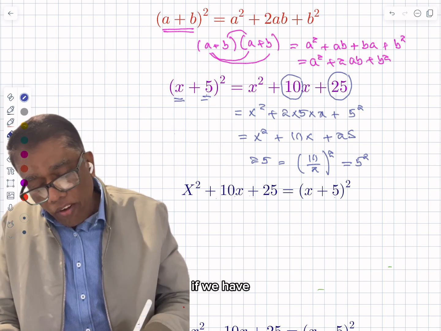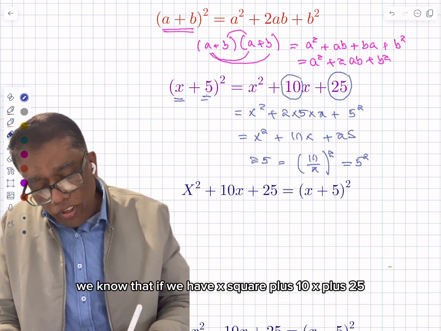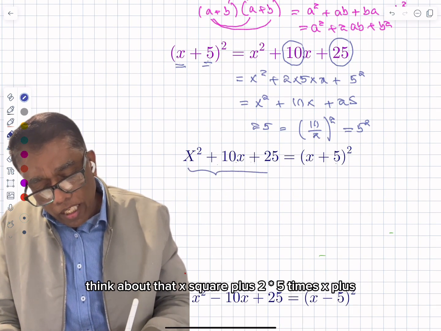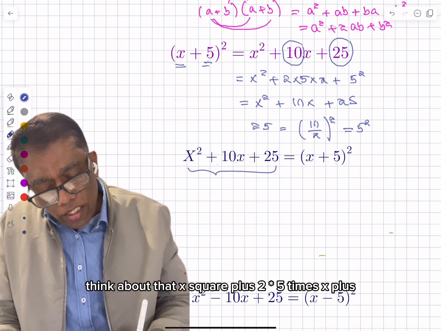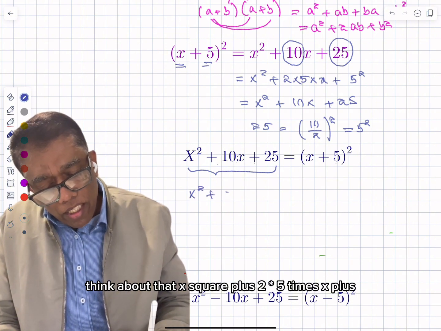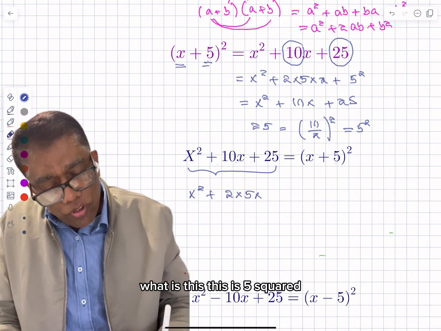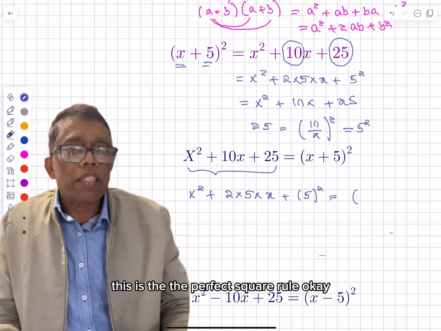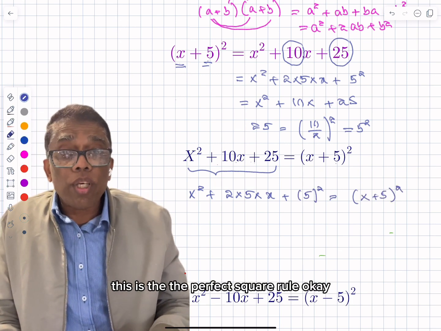If we have x square plus 10x plus 25, think about that, x square plus 2 times 5 times x plus 5 square. This can be written as (x plus 5) square. This is the perfect square rule.